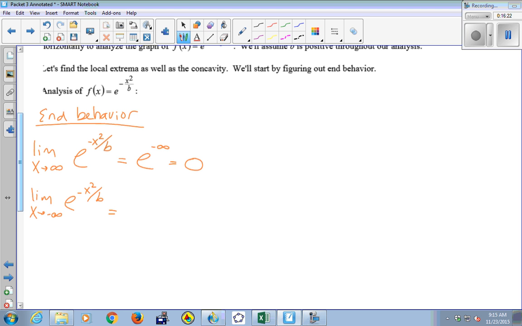Because the order of operations says you have to do squaring before multiplication, right? So I have to square whatever I plug in for x before I make it negative. So now I'm plugging in negative things for x, but when you square a negative thing, it becomes positive. So plugging in positive numbers and negative numbers for x give you the exact same thing in this function, because squaring a positive or a negative gives you the same result. So this also goes to 0.